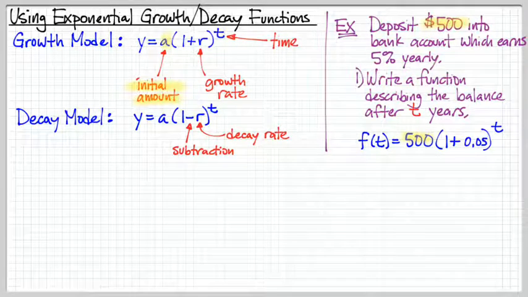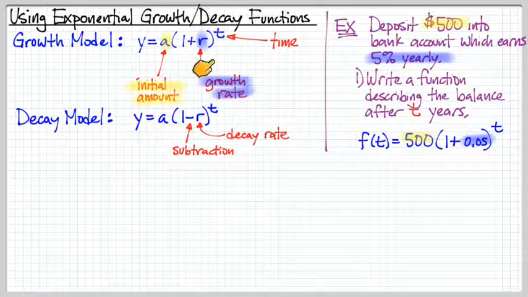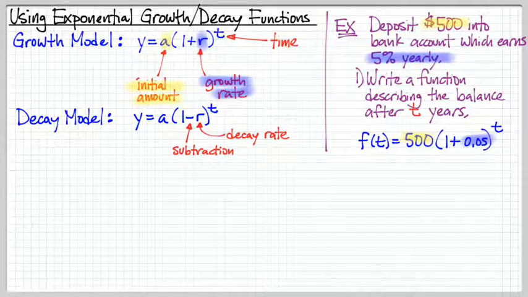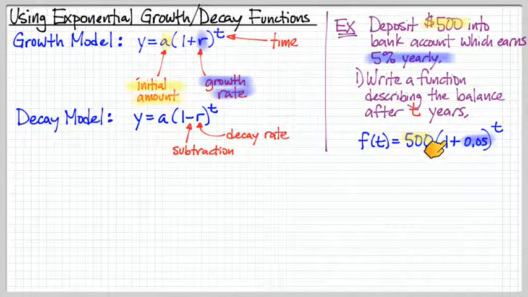We have the growth rate, which is 0.05, 5% yearly, and that's the value of r, our growth rate. And then we have t, our time. That's our variable in our equation. Our function f of t, our balance, is equal to the initial amount, $500, times 1.05 raised to the t power.